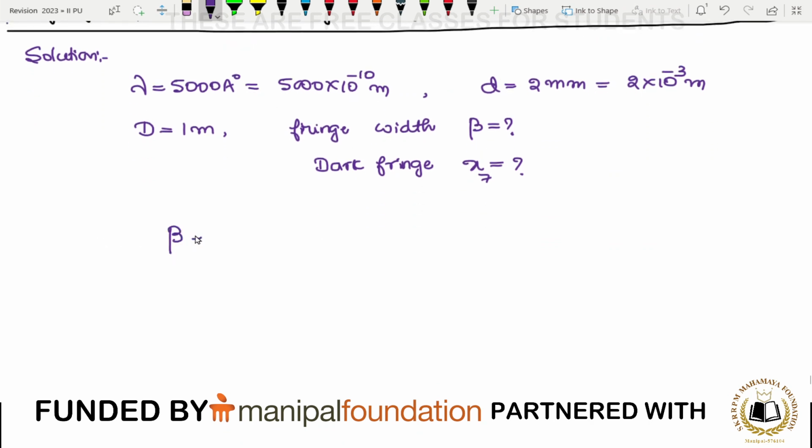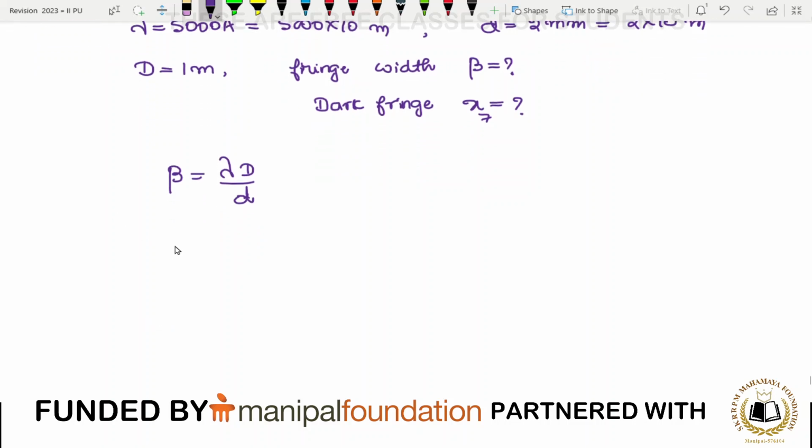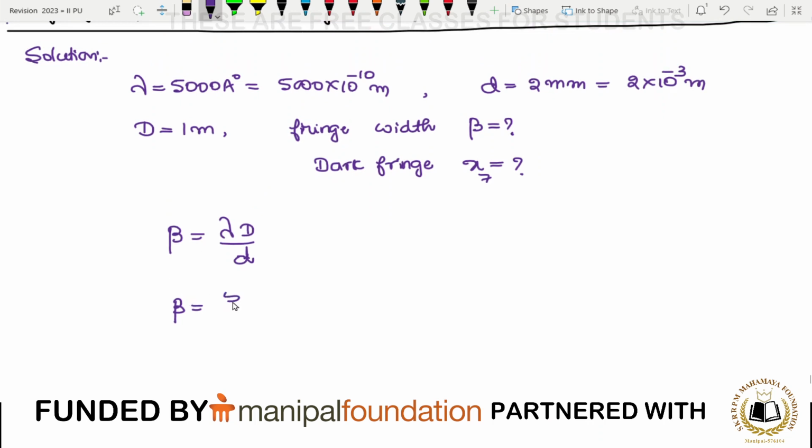Fringe width formula is beta equals lambda into capital D by small d. We'll calculate this now. Beta equals lambda, the wavelength value, 5000 into 10 to the power minus 10, into D value 1 meter, divided by small d, 2 into 10 to the power minus 3 meter.